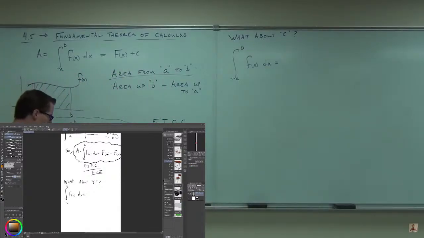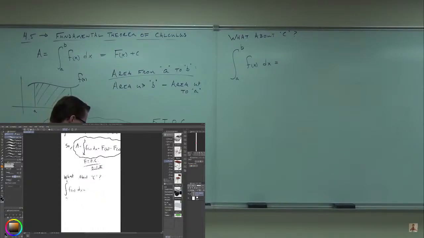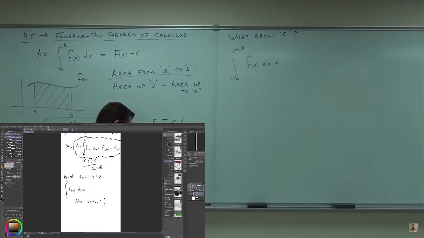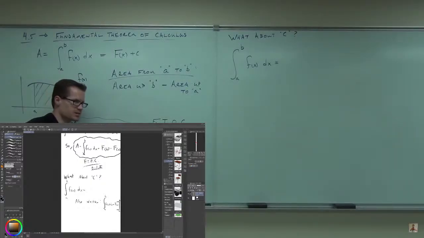One more thing, this is also written as f of x, that's an evaluation symbol from A to B. That's how you can write that, and we're going to be practicing that as well. It says the same thing, okay? This and this is the same. How you do this is you plug in B and you subtract off A. You plugged in B to your antiderivative and you subtracted off f of A.